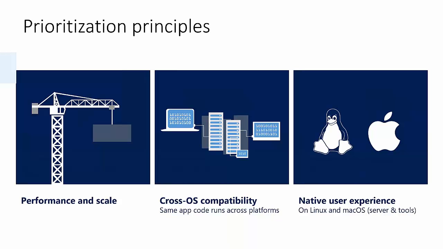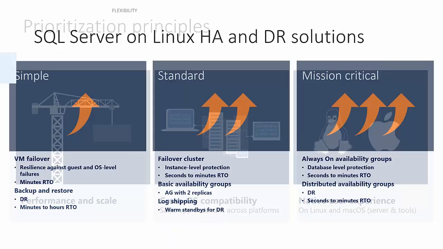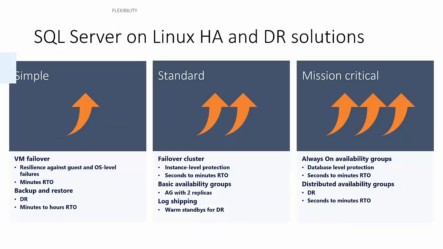Now, looking at the next level of detail, from features to the specific features that we're talking about in this session, a lot of customers are asking what features are available, and in terms of HADR capabilities, what solutions are available on Linux. In general, for this release, everything within the scope of the database engine is included.